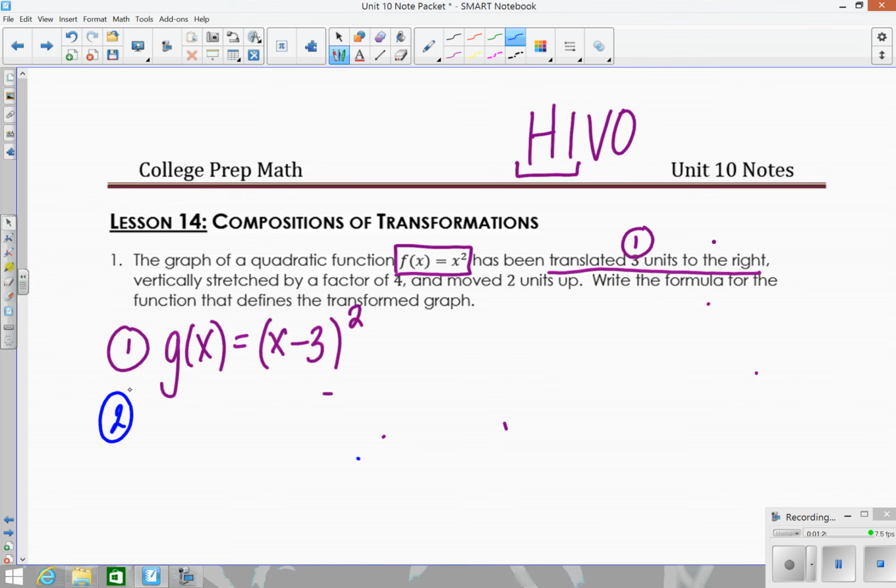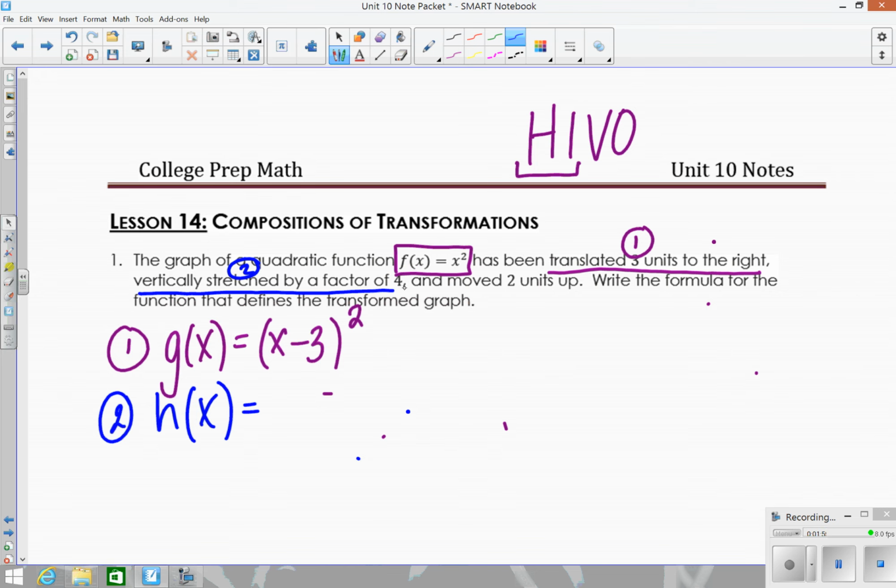Then we look at the next part here. It says a vertical stretch by a factor of 4. So this is going to be our second transformation. And we're going to use what we just got to apply this second transformation. So vertical stretch means it's going to be on the outside. So let me call this new piece here h of x. So vertical stretch, we multiply by 4 because we do what makes sense.